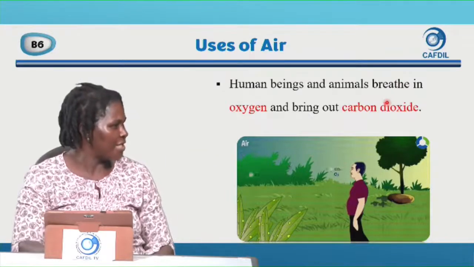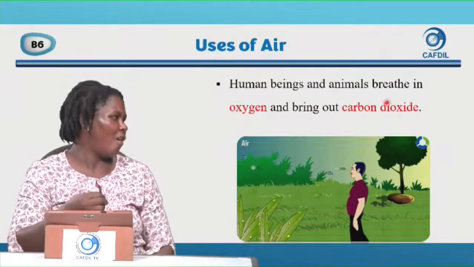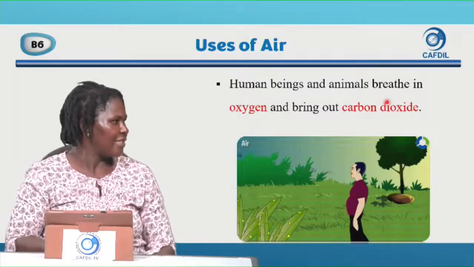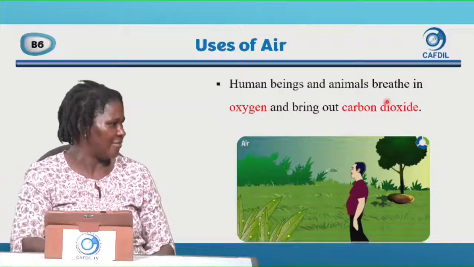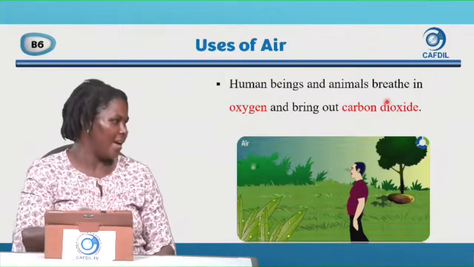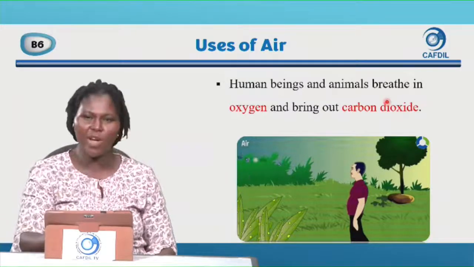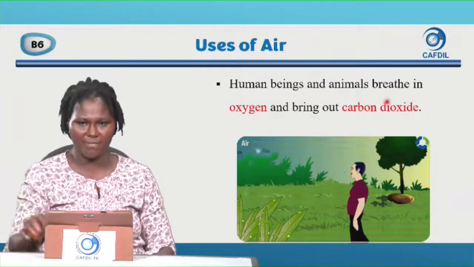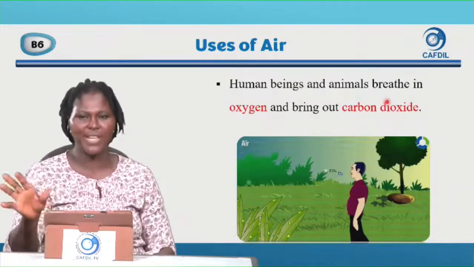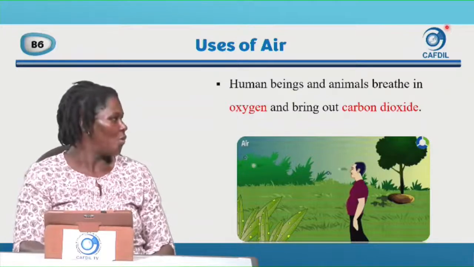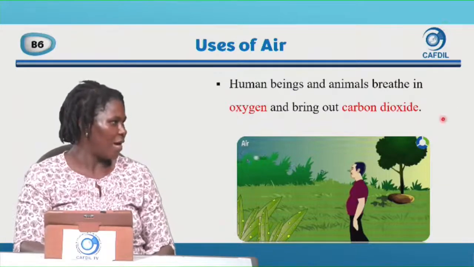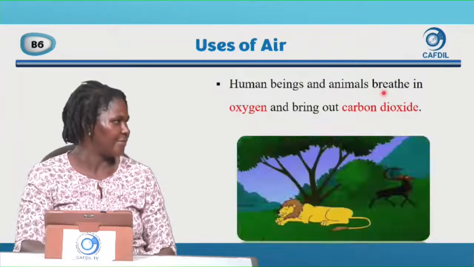So we human beings, we take in oxygen. Human beings and animals, we take in oxygen, and then we bring out carbon dioxide. And the carbon dioxide, plants also use it. Plants, they also use the carbon dioxide. Good. So this is one of the uses of air.